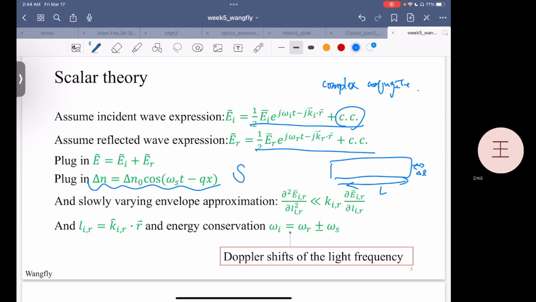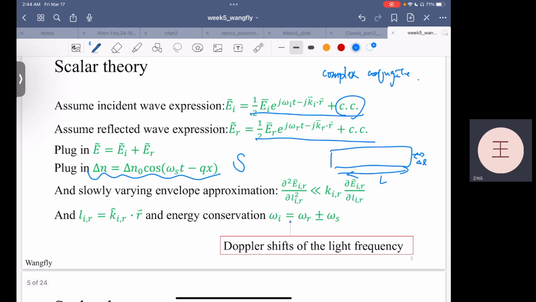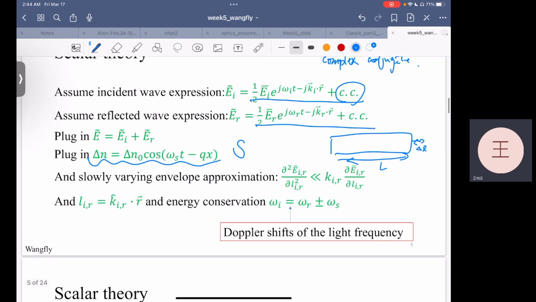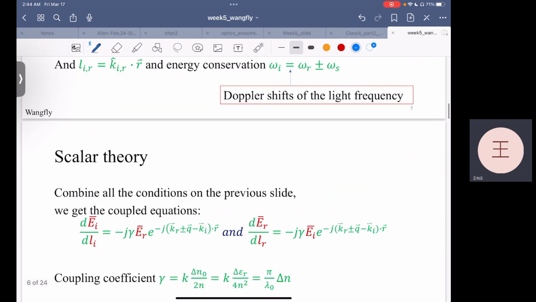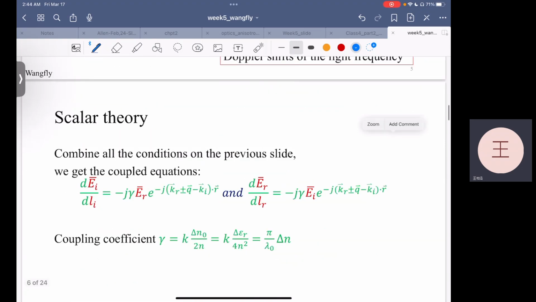Also, consider the slowly varying envelope approximation, just as we learned with the Gaussian beam, and also the energy conservation. With all these conditions combined together, we get the coupled equations stated here.